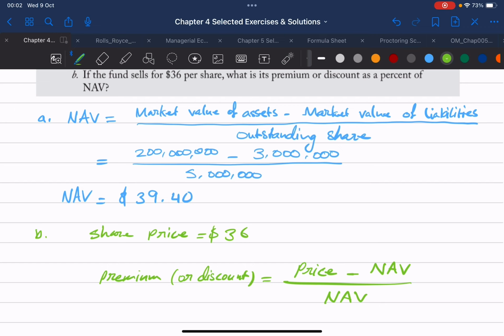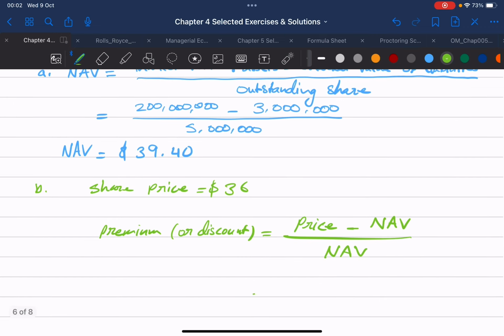Okay, so if we substitute, we already have all the details here. So we already know that the price is $36 per share minus net asset value we just calculated earlier, that's 39.40, divided by 39.40. Okay, run the numbers on a calculator. 36 minus 39.40.